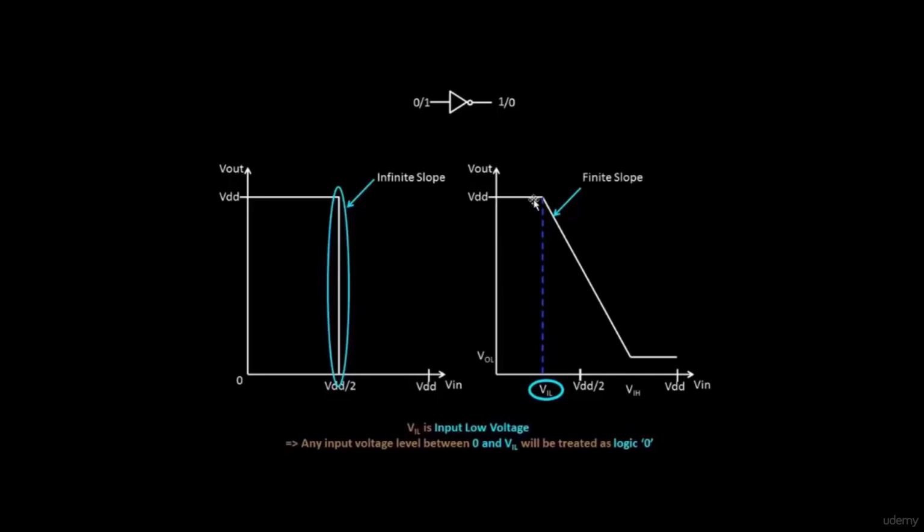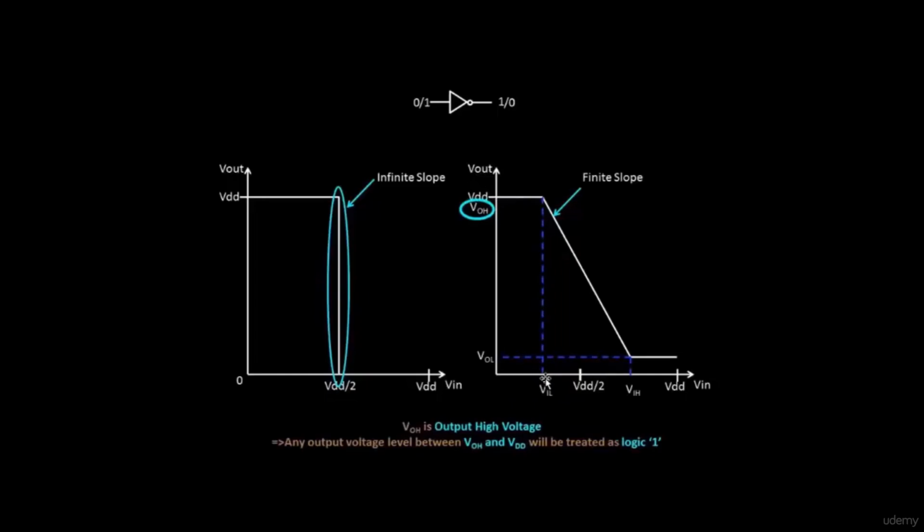Now there are a few things that we have to infer from this curve. If you see the input low voltage, the voltage range till which your output voltage remains high, it stops at this point. Till your input voltage goes from 0 to this particular value, which is VIL, your output voltage will be high, which is VOH.